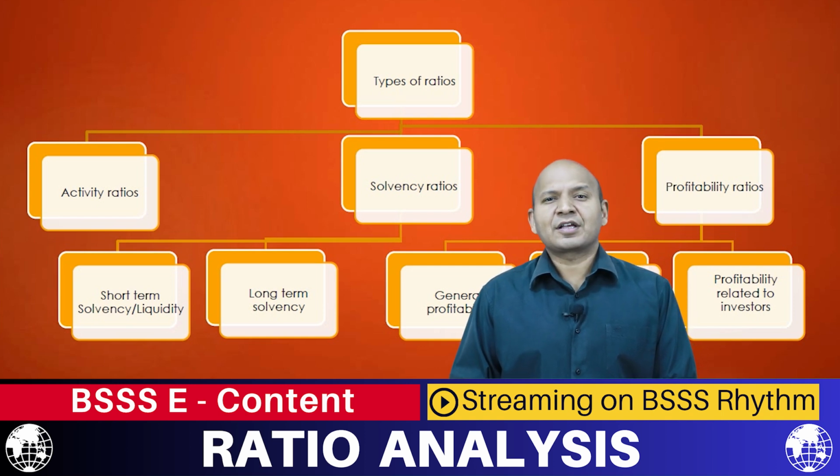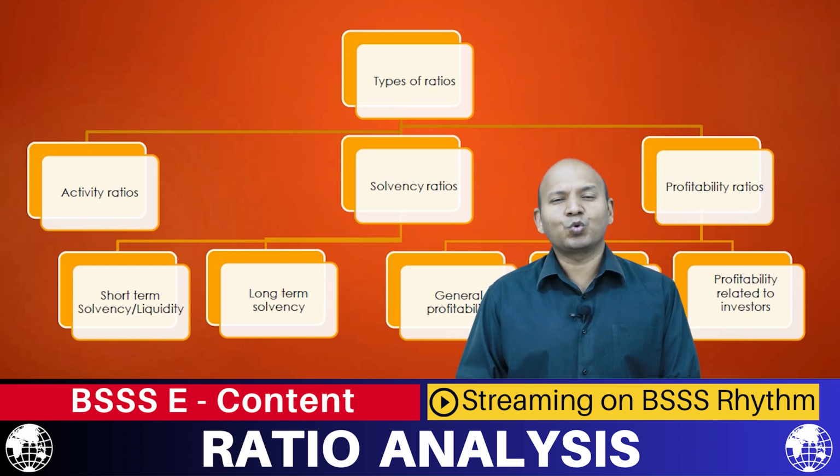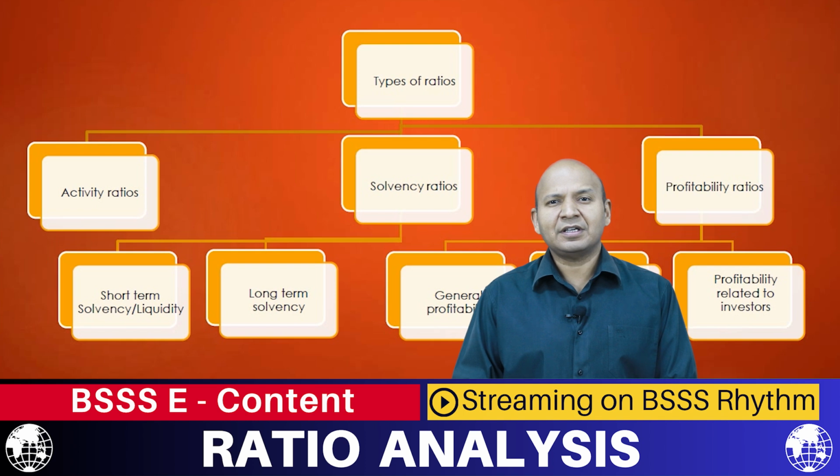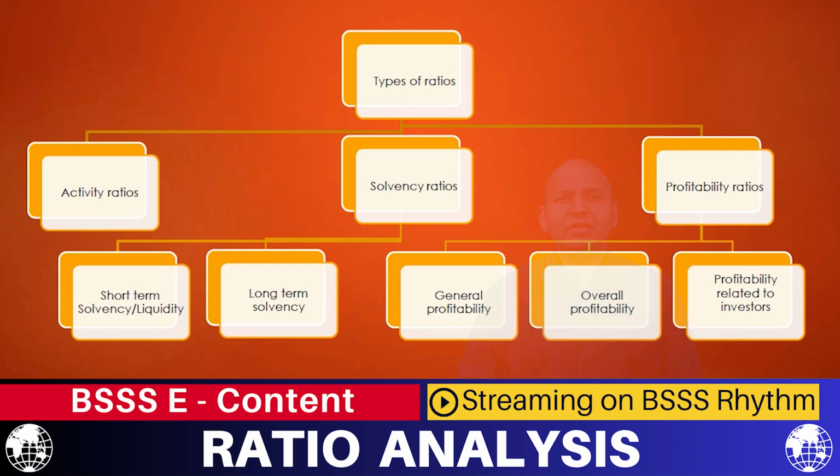Second category is solvency ratios, which can be broadly classified under two heads: short term solvency, which is also termed liquidity ratios, and long term solvency. And the third category is profitability ratios, which can be bifurcated under the following three headings, that is general profitability ratios, overall profitability ratios, as well as profitability ratios related to investors.